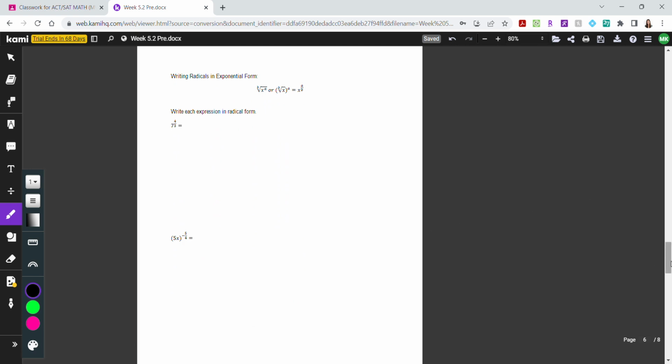Now, this is a little trickier, but it's really nothing too crazy again. When you're writing radicals in exponential form, sometimes it goes back and forth. It is really helpful to notice because for some questions, especially when you get into exponential and logarithmic functions, this will come in really handy.